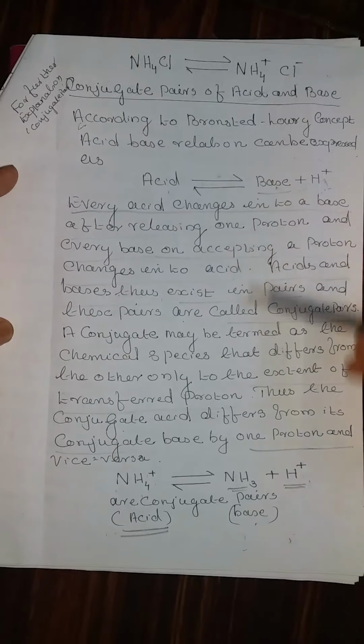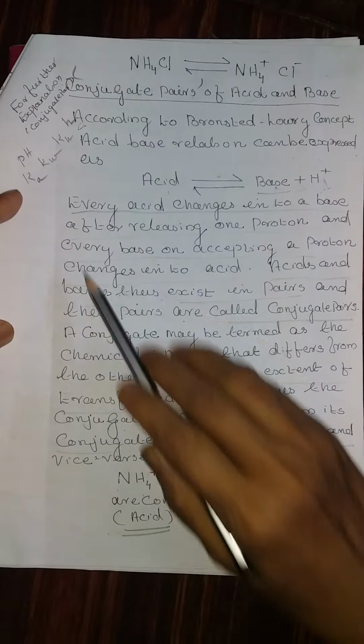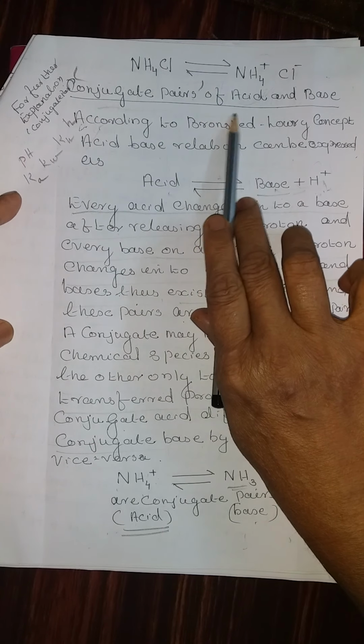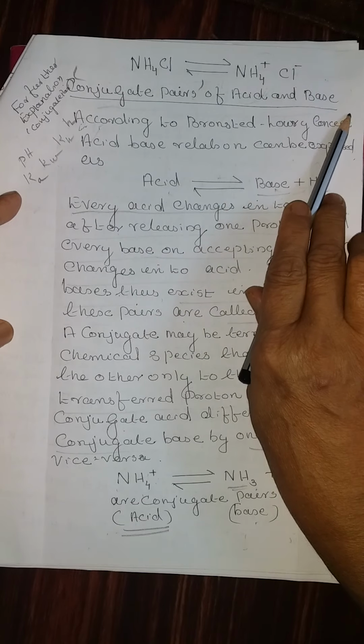Next, in order to derive the equation, you should know a new word called conjugate pair. We already know that you should know pH, equilibrium constant of acid, ionic product of water, hydrolysis constant, degree of hydrolysis. In addition to that, you should know the conjugate pair of acids and base.